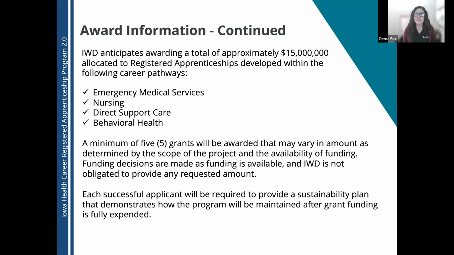A minimum of 5 grants will be awarded that may vary in amount as determined by the scope of the project and the availability of funding. Funding decisions are made as funding is available, and IWD is not obligated to provide any requested amount. Each successful applicant will be required to provide a sustainability plan that demonstrates how the program will be maintained after the grant funding is fully expended.